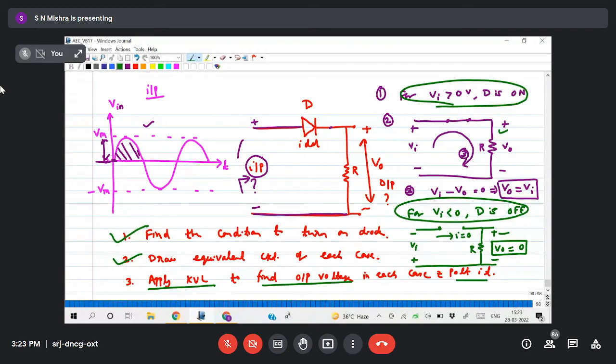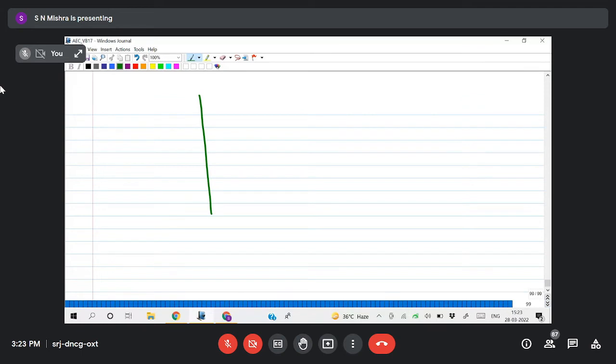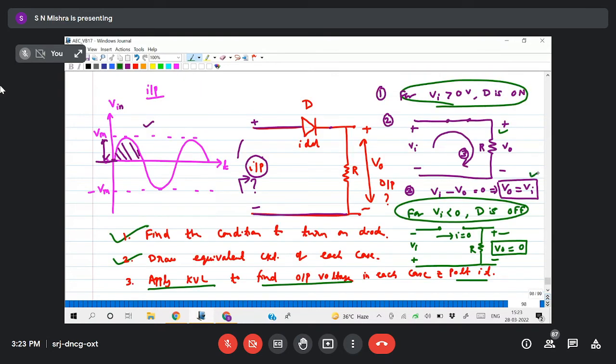Now, can you plot the waveform? Once you get the voltage, it is very simple. If this is my output voltage, and this is time, what do we get for the positive half cycle?